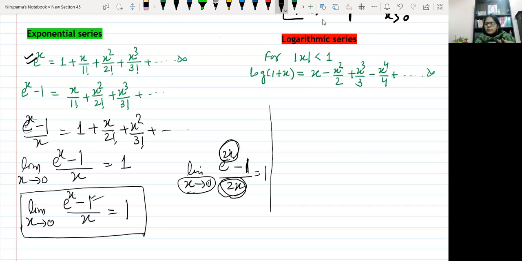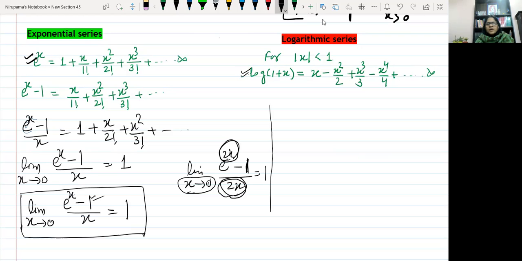Though we have instances where log 2 is defined, right? Whenever you take x equal to 1, you can have log 2 = 1 - 1/2 + 1/3 - 1/4 like this. But anyway, we are not going into that detail.